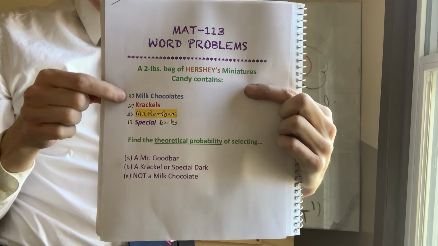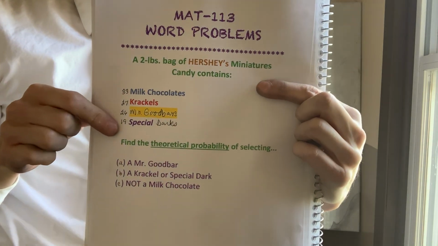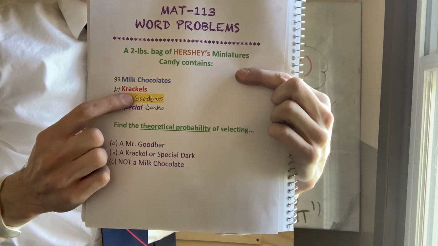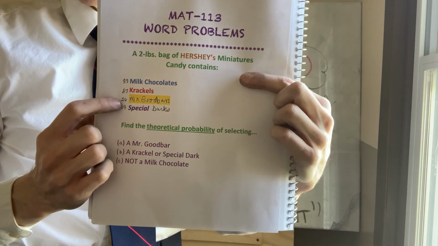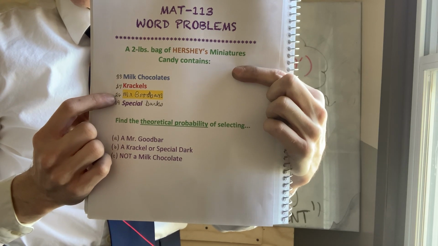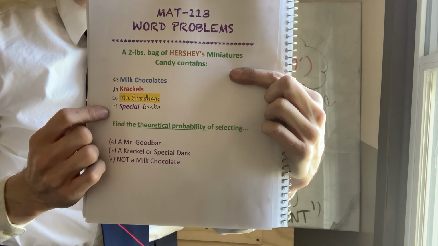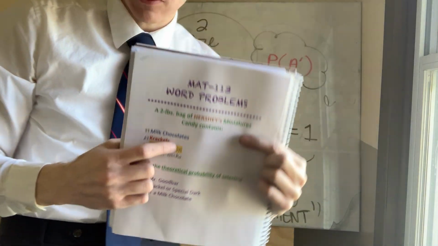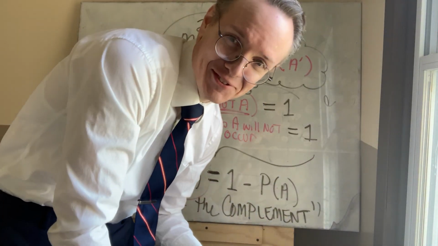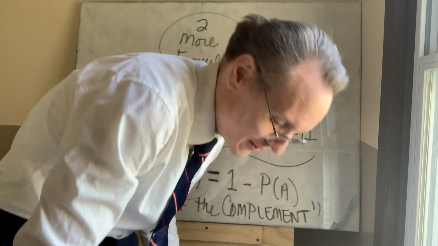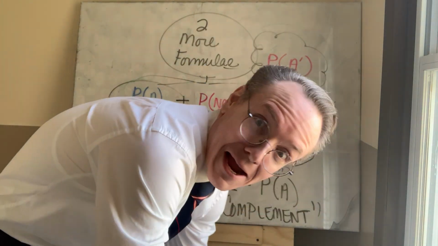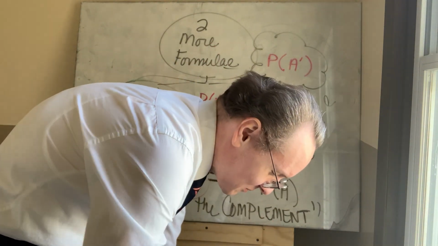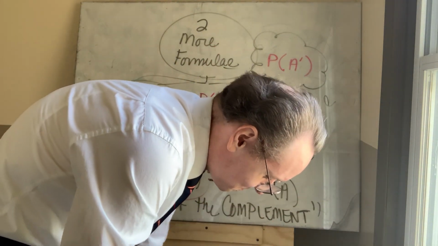I had to, unfortunately, write this because my printer ran out of black ink. 33 milk chocolates, 27 crackles, which is like a crunch bar, right? 26 Mr. Good bars, which is milk chocolate with peanuts, all right? And 19 special darks, which is the one that I actually like. That's the ones that go first if you have that candy, right? At least in my house, yeah. There'll be a bag of all crackles or whatever, or all Mr. Good bars and nothing else, right?